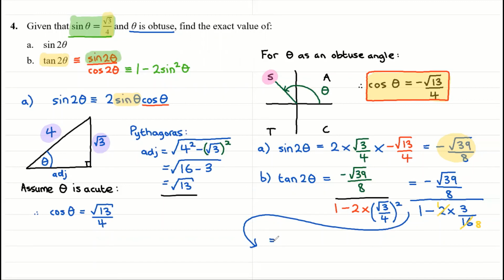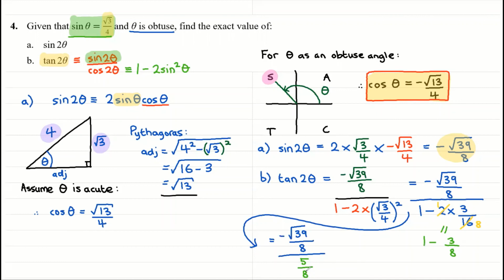So this is going to equal negative root 39 over 8 all over, 1 subtract 3 over 8, which is 5 over 8 in the denominator. I hope that makes sense.